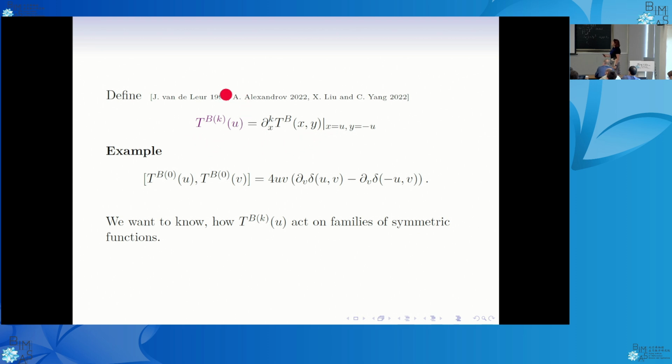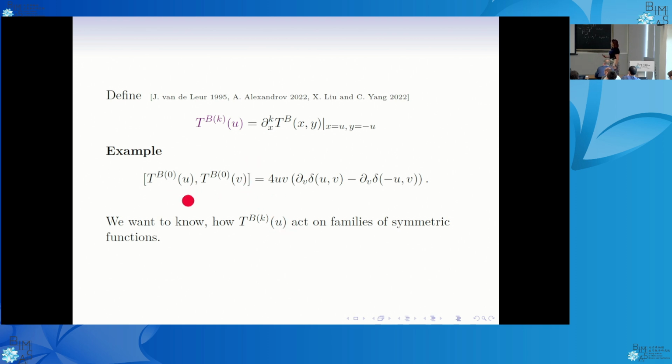We get a formal distribution with some coefficients, and we are interested in how the coefficients of these formal distributions act on particular families of symmetric functions. So we play exactly the same game, just with slightly different objects.